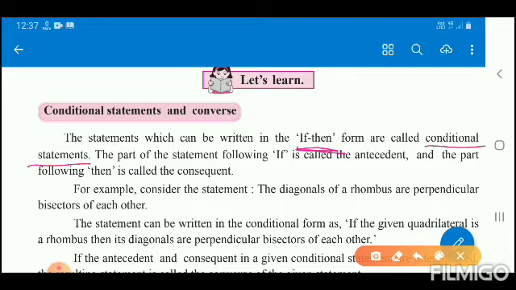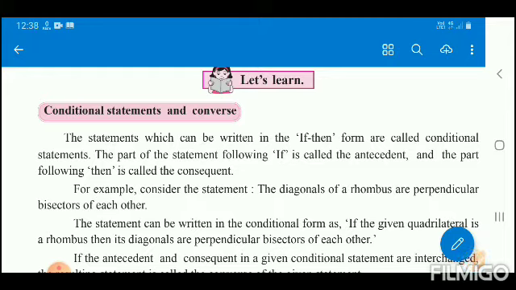If you study, you will get nice marks in your exam. If there are clouds in the sky, then there is the possibility of rain. Statements like these are known as conditional statements.